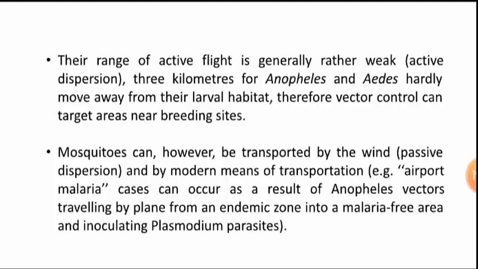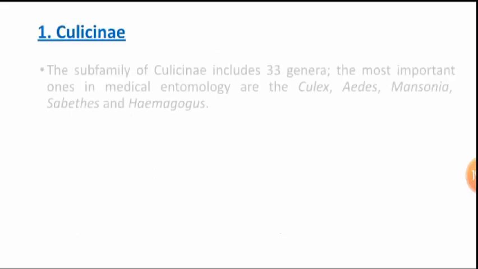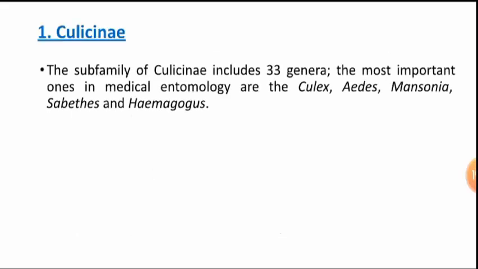Cases can occur as a result of Anopheles vectors traveling by plane from an endemic zone into a malaria-free area and inoculating Plasmodium parasites. Let's talk about subfamily Culicini. It includes 33 genera.